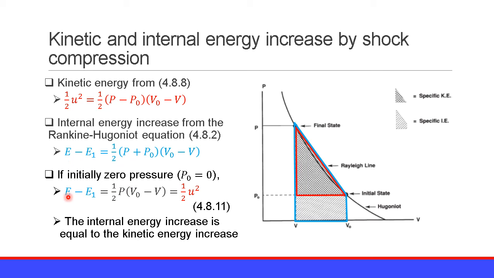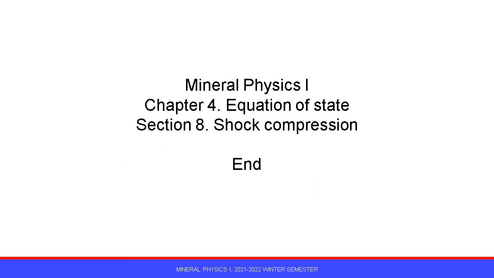So both the internal energy and kinetic energy are equal. The internal energy increase is equal to the kinetic energy increase if the initial pressure is 0. So this is the end of section 8, shock compression.